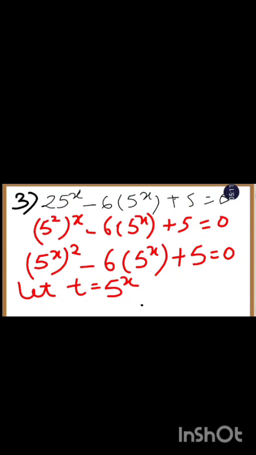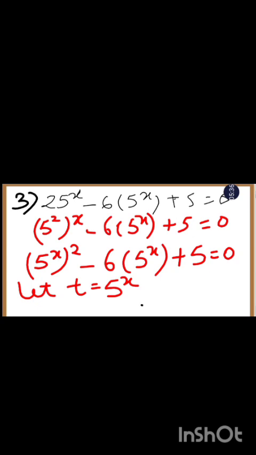This is a type of index equation which will lead to a quadratic form. The base here is 5, and the power is x. 25 raised to the power x: how can it be written in terms of 5 raised to the power x? That's the first thing to note.